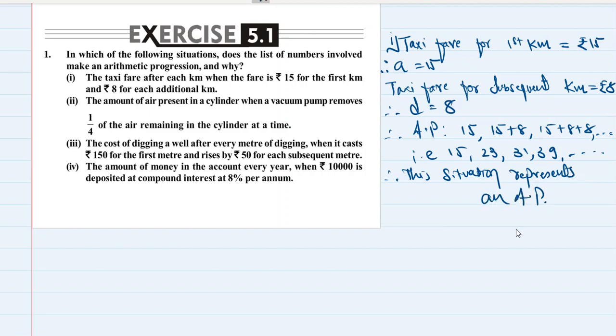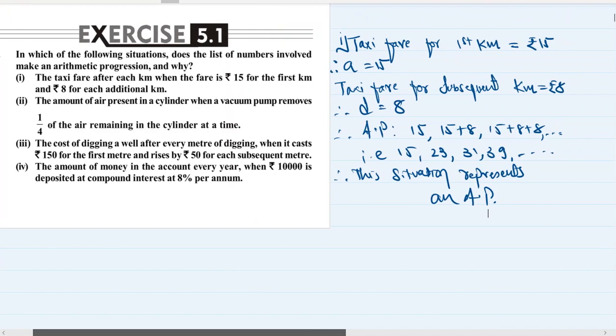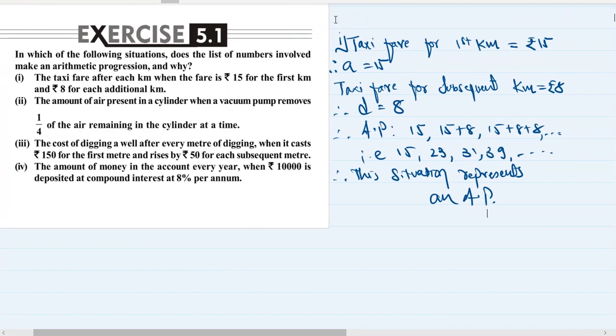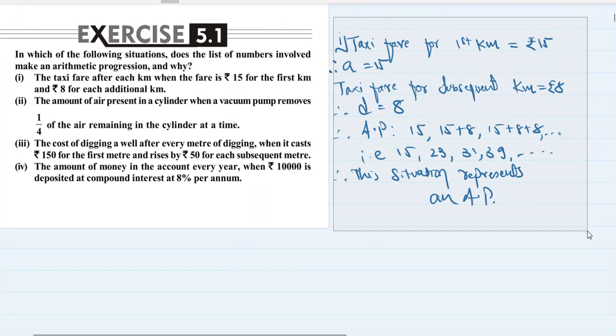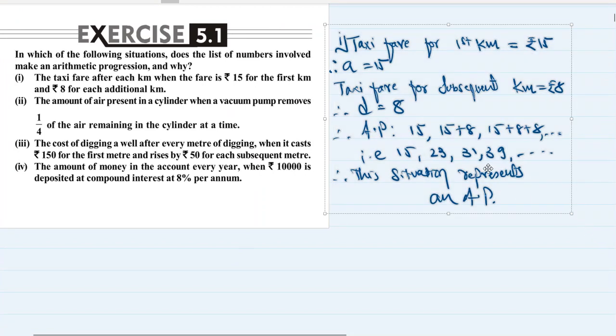It is very clear that if the fare for the first kilometer is rupees 15 and the fare for each subsequent or additional kilometer is rupees 8, then the first term is 15, the common difference is 8, and the AP is 15, 23, 31, 39, and this is an AP. This situation represents an AP. That is how you have to write it.